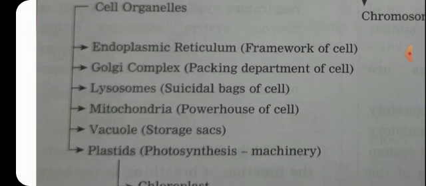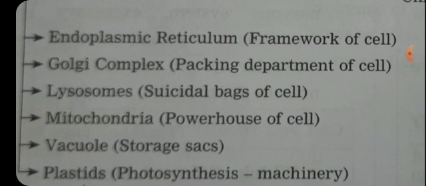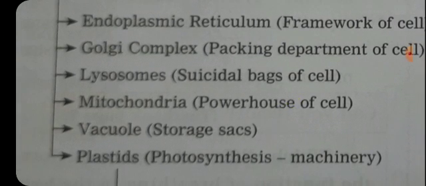Next cell organelle is Golgi complex. It is also called as packaging department of cell. It modifies, sorts, packs and dispatches materials synthesized in the cell to plasma membrane, lysosome, etc. Lysosomes are called as suicide bags of the cell.